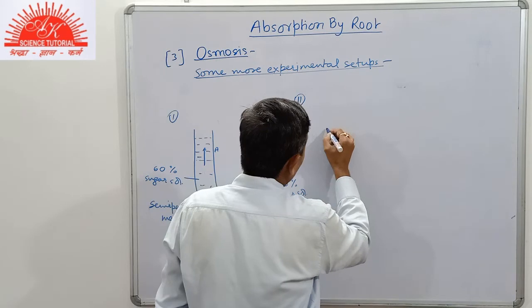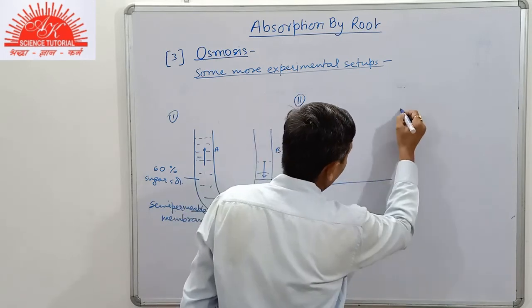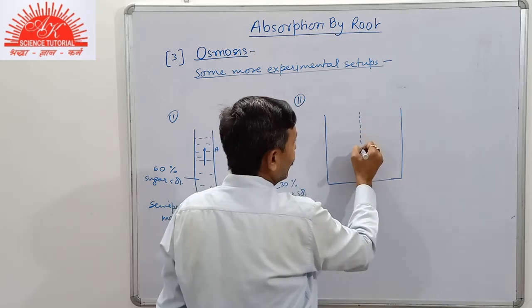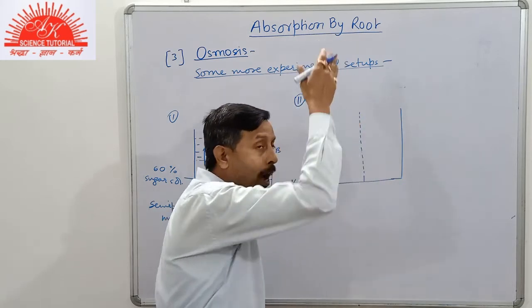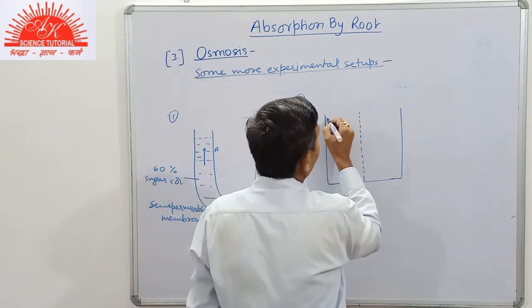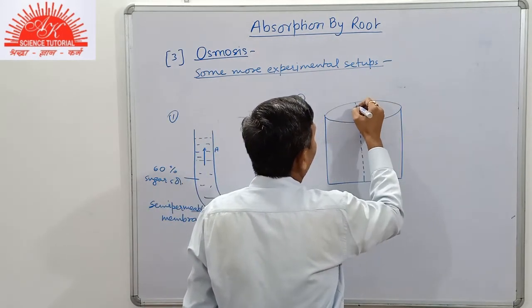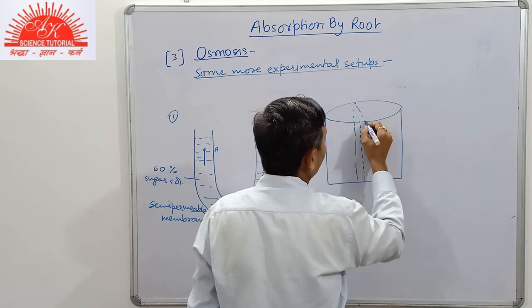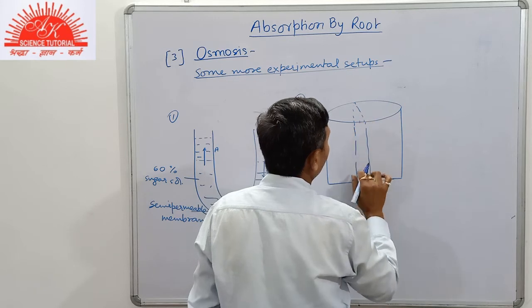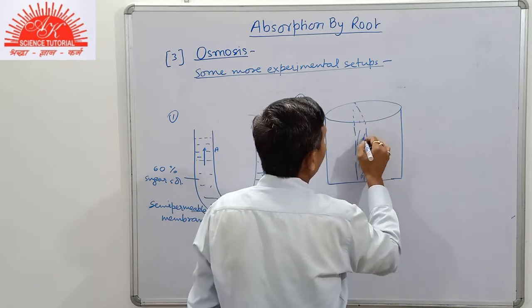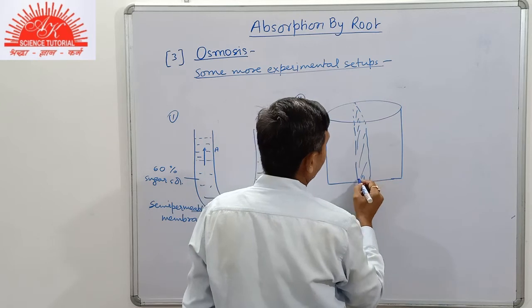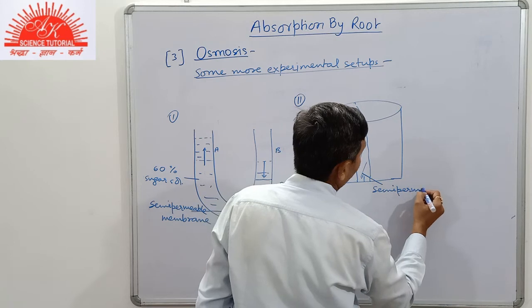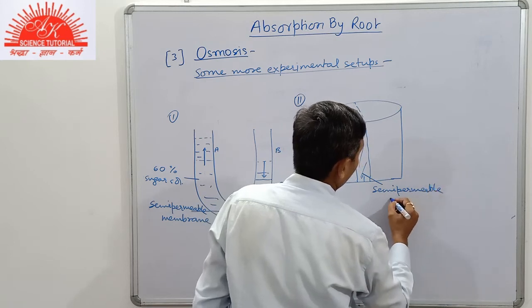In this experimental setup, suppose we have a vessel, a beaker, in which in the middle we have a wall of semi-permeable membrane.